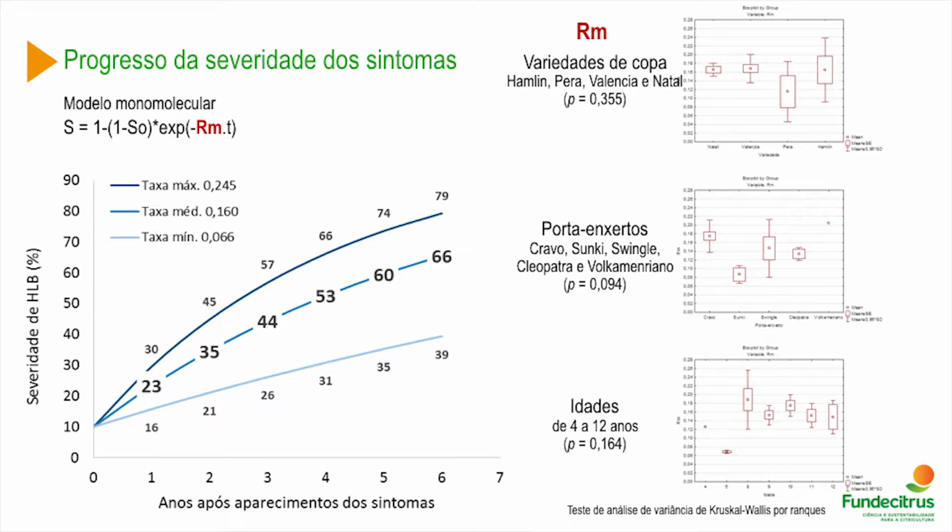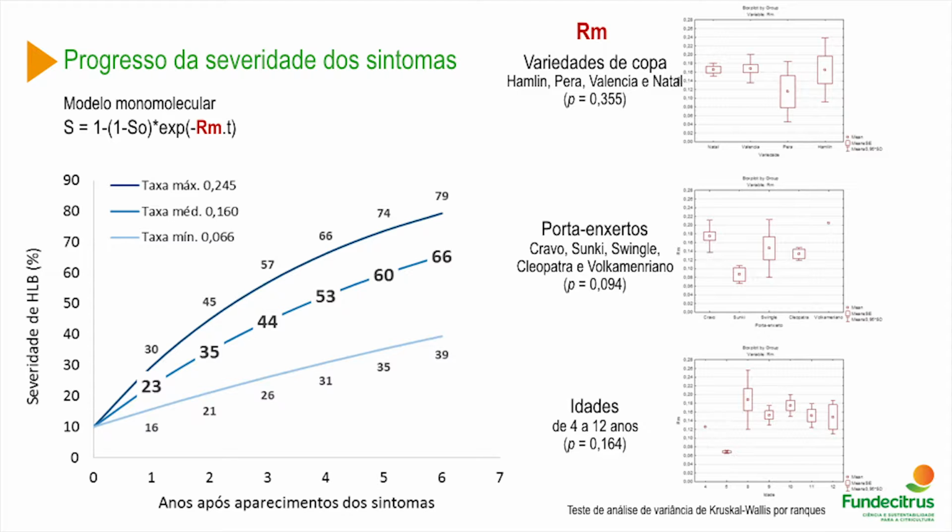We could see that on average, in the first year after symptoms appeared, we had 23% of the canopy affected by symptoms. Second year, 35%. Third, 44%. In the fourth year, after symptoms appeared more intensely, the disease would take 50% of the canopy. And so on and so forth, until 66%.